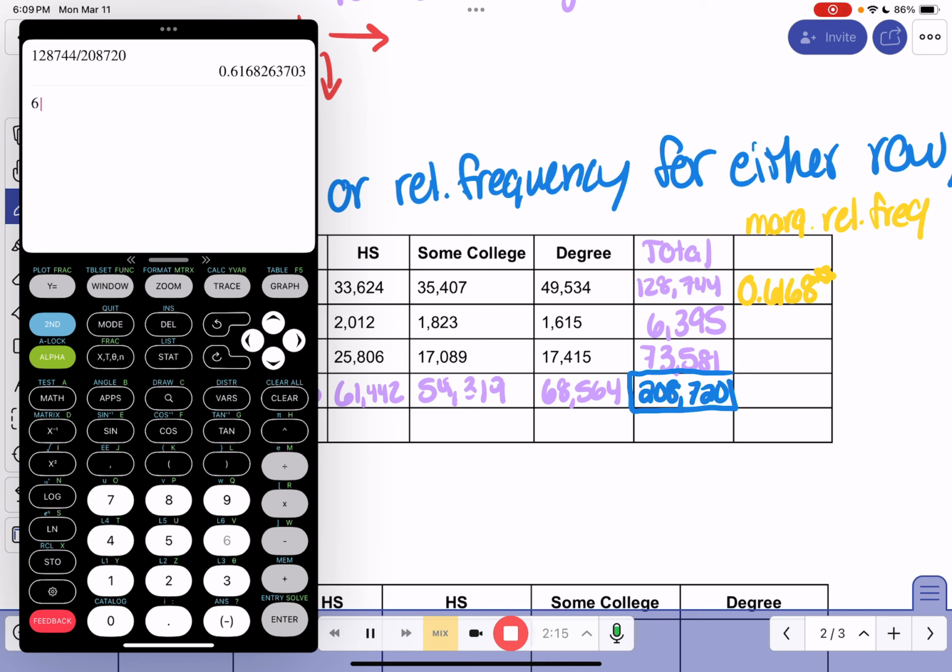Then I would do the same thing, 6,395 divided by 208,720, 0.0306. And then 73,581 divided by 208,720, and I get 0.3525.